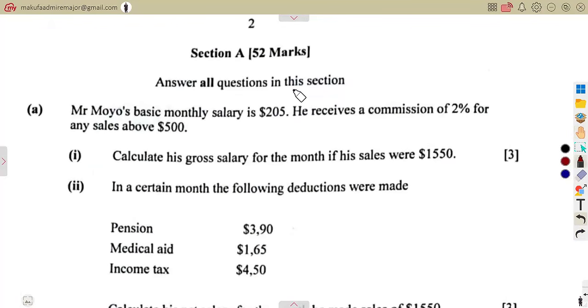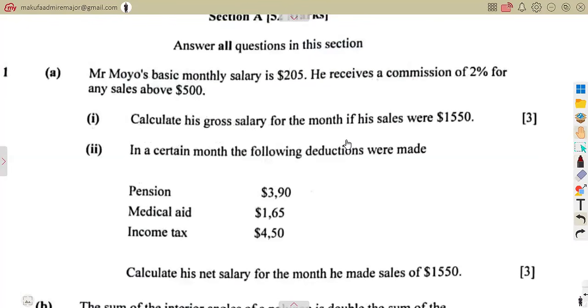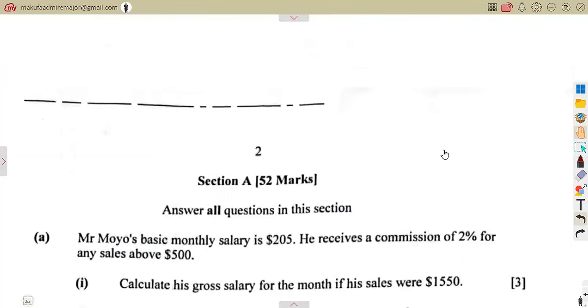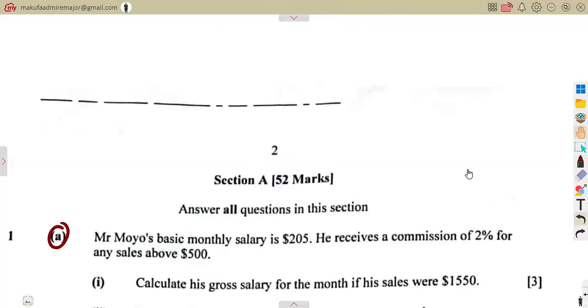So our section A, as we know, that is 52 marks. Answer all questions in this section. All right, this question, which is our question number 1, guys, I want you to understand. Do not just read and rush to answer the question. They are saying here on number 1A, I want us to be together.